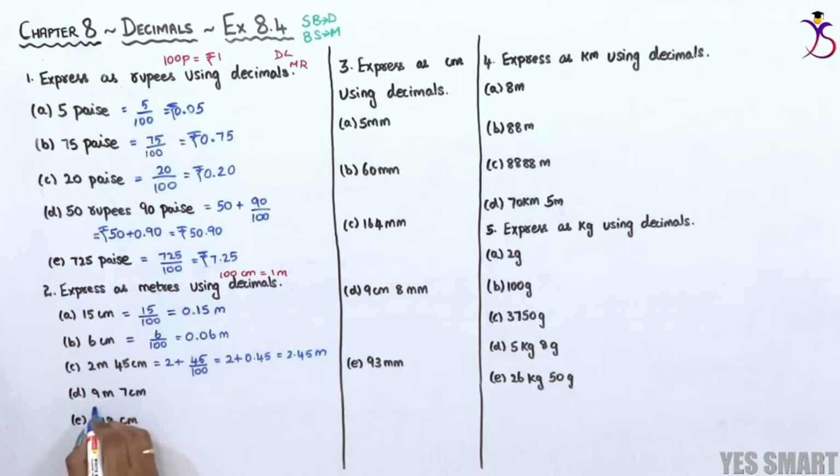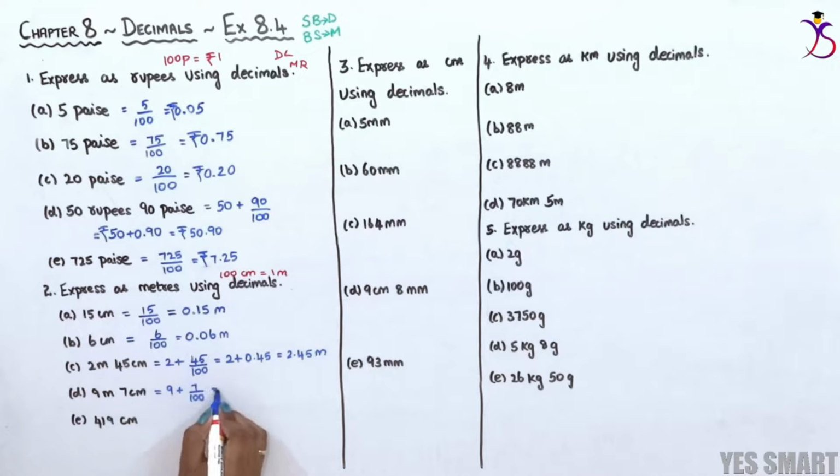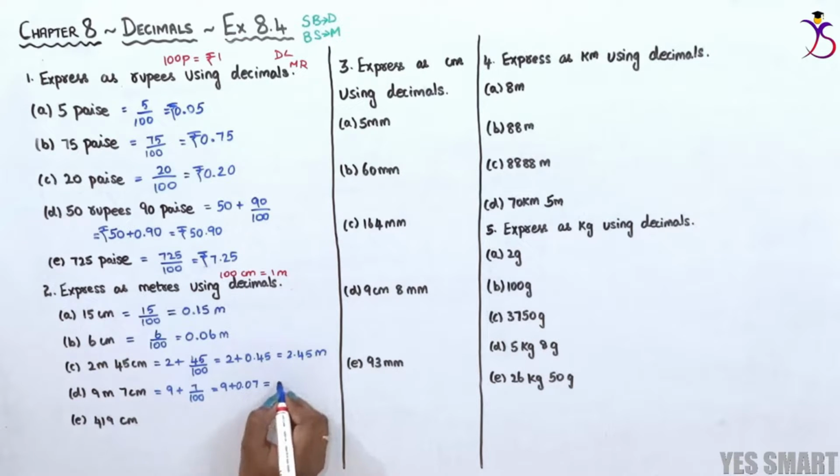Fourth subdivision, let's keep the 9 meter as it is and the 7 centimeter, let's convert it, 7 by 100. Again we have two zeros and therefore the decimal should be moved two places. So 7 by 100 becomes 0.07 because it has two zeros, so it has to be moved two decimal places. Now let's add it together. The answer is 9.07 meter.